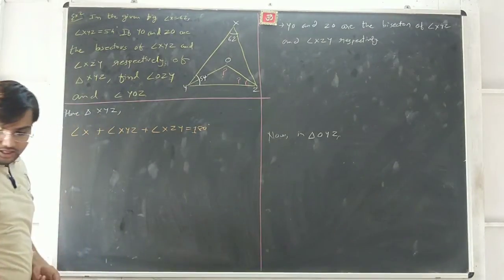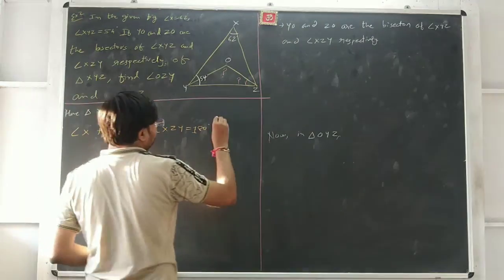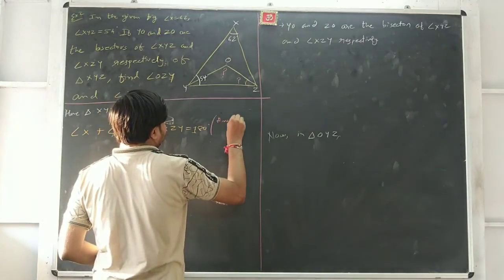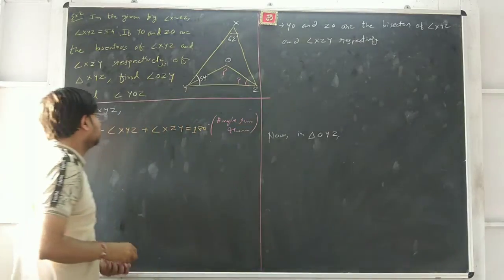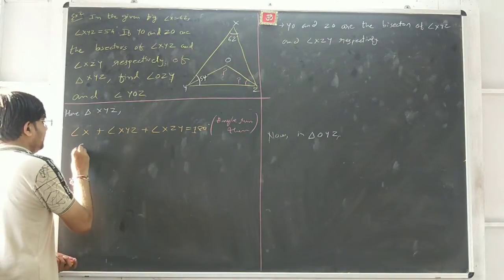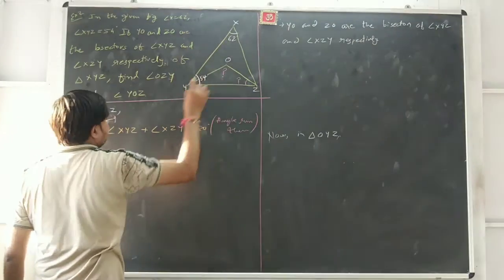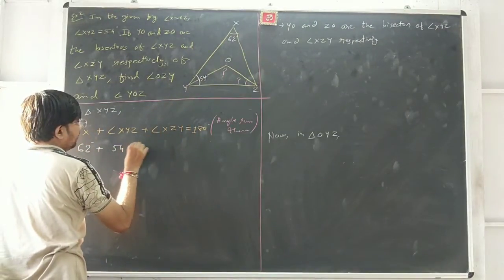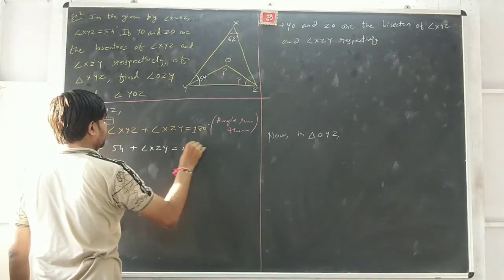This is the angle sum theorem. We have to put in the values: angle X is 62 plus XYZ is 54 plus angle XZY is equal to 180.